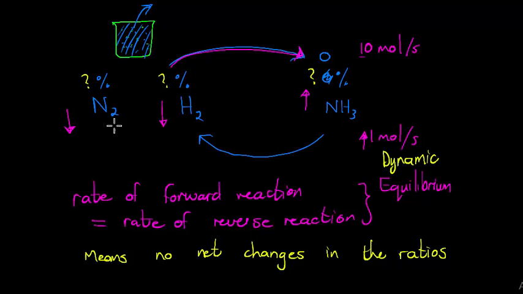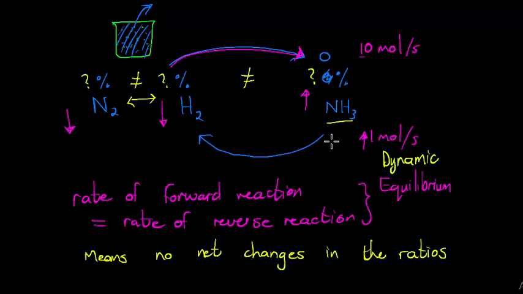Yes, nitrogen is still being decomposed from ammonia, but ammonia is also being produced from the reaction between these two, so there's no net change in these percentages. Okay. Now what it also does not mean is that these percentages are equal to each other. It just means that the percentages stay the same.